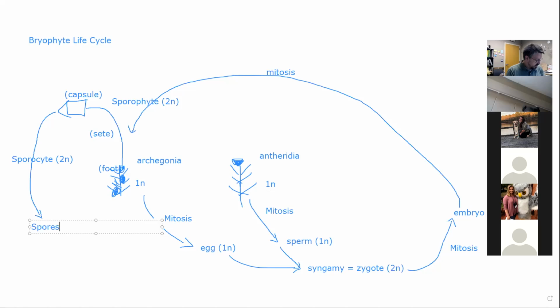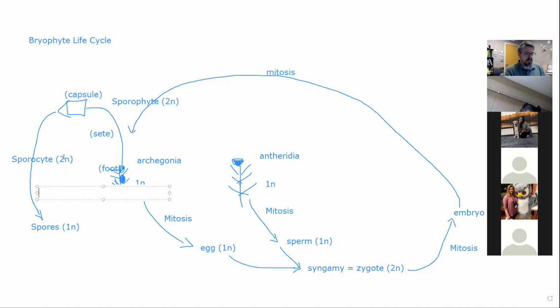Okay, we're going to be general here because sometimes it's going to be a microspore, sometimes it will be a megaspore if it's male or female, but in most cases, with some of these early plants at least, it's just going to be a spore. And a spore is 1N. So what process do we go through to go from 2N to 1N? Meiosis.